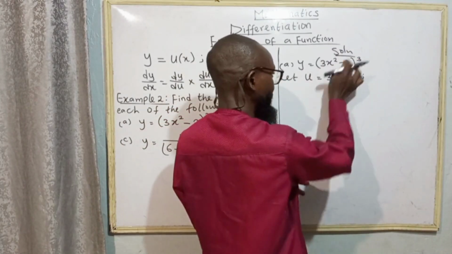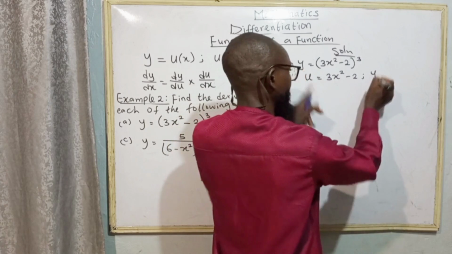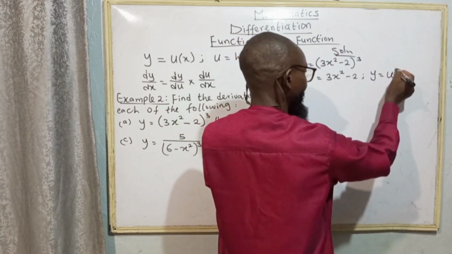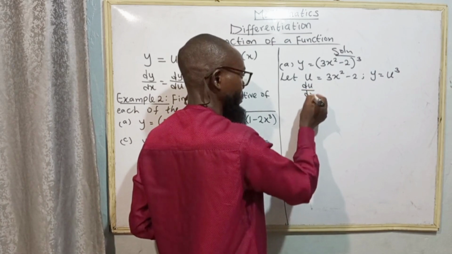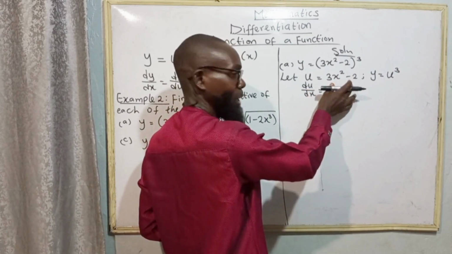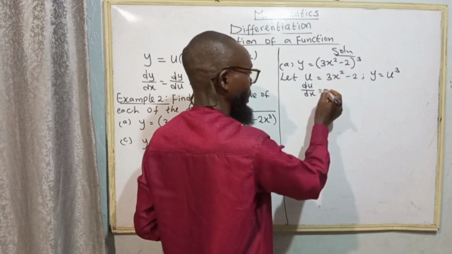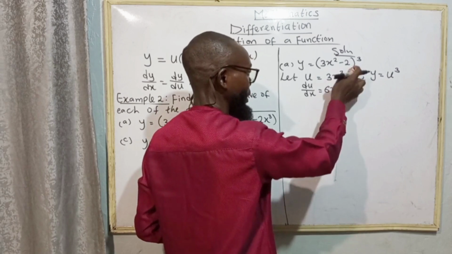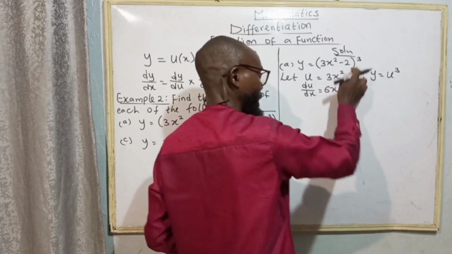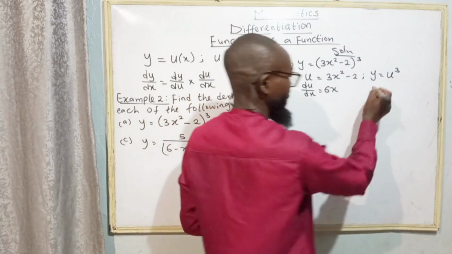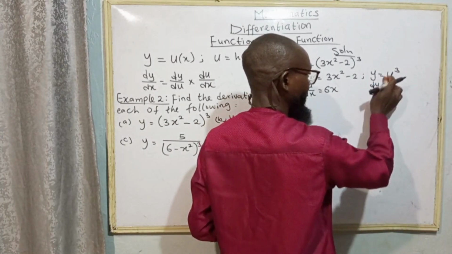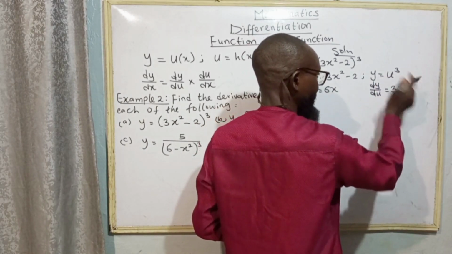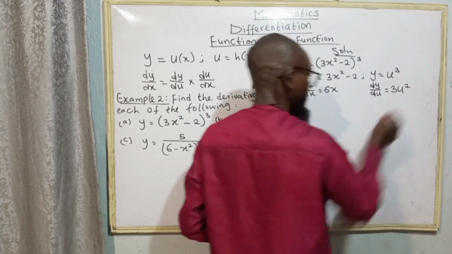Then if this is u now, our y will now equal u raised to power 3. Now du dx, we differentiate this with respect to x. 3 times 2, we have 6x. So 2 minus 1, we have 1. Then the derivative of a constant equals 0. Then dy du will equal 3 multiplied by 1, we have 3u. Then 3 minus 1, we have 2.